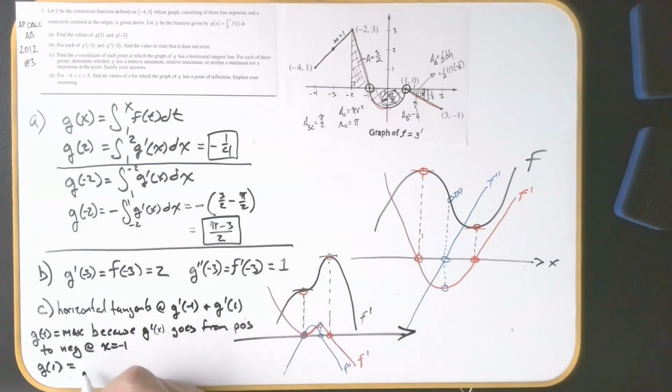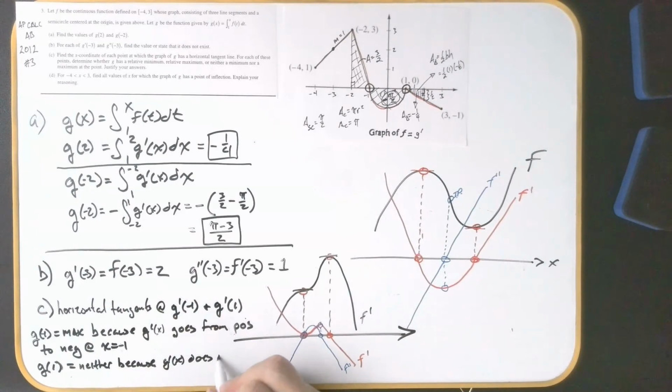And g of 1 is equal to neither because g prime of x does not change sign at x is equal to 1.